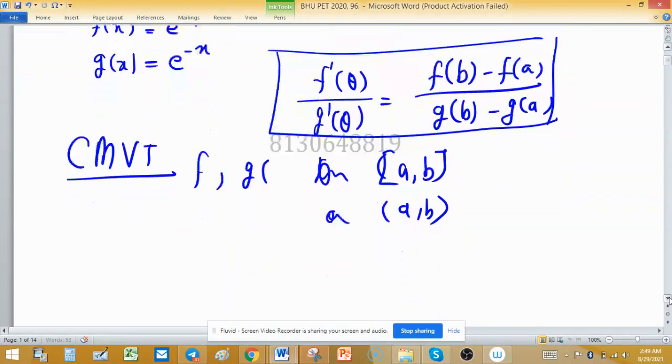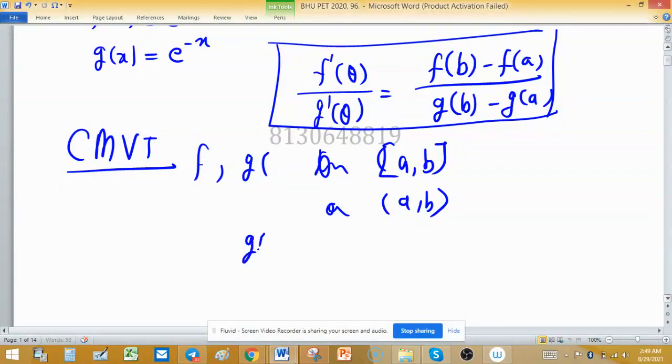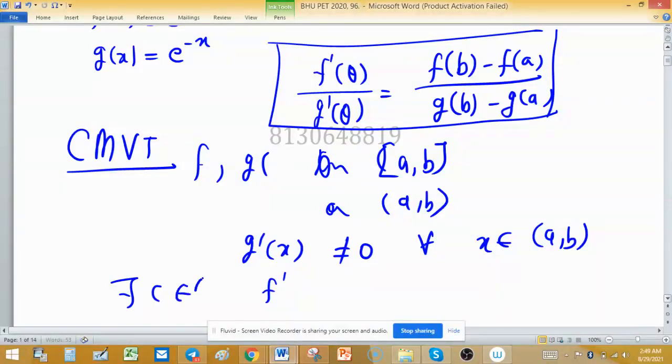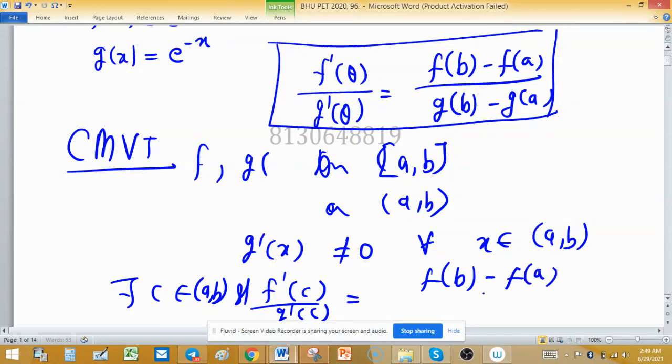Because we are going to define a quotient, g dash x should never be 0 for all x coming from open interval (a,b). Then there exists c belonging to open interval (a,b) such that f dash c upon g dash c is equal to f(b) minus f(a) divided by g(b) minus g(a).